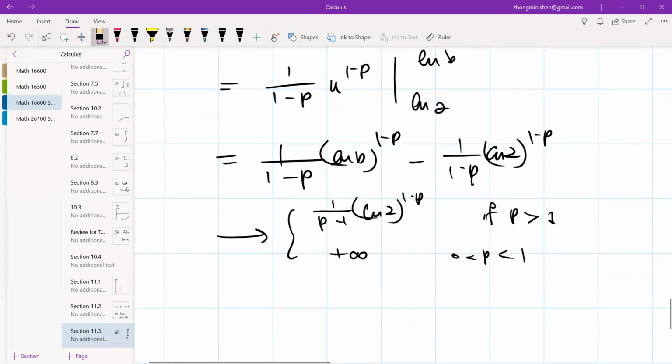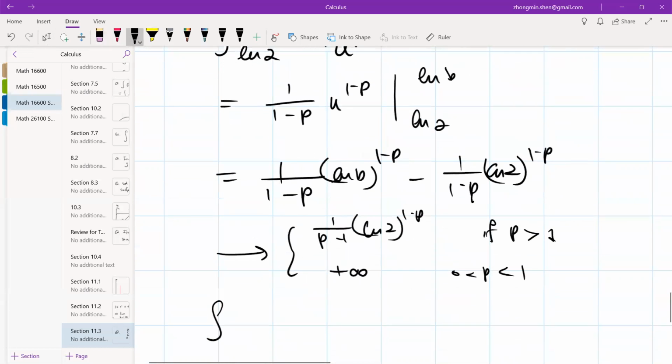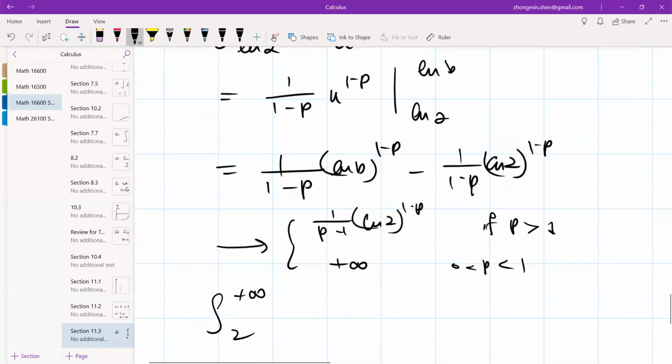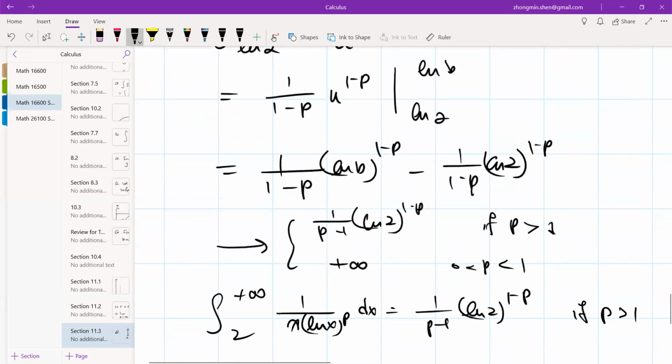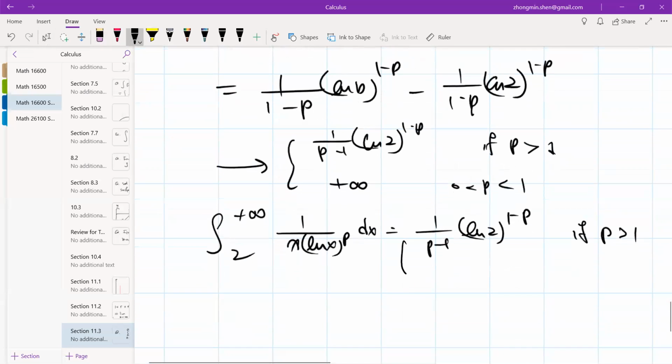So the integral from 2 to positive infinity of 1 over x natural log of x to the p dx is going to be this if p is greater than 1, otherwise it's going to be divergent if p is less than or equal to 1.